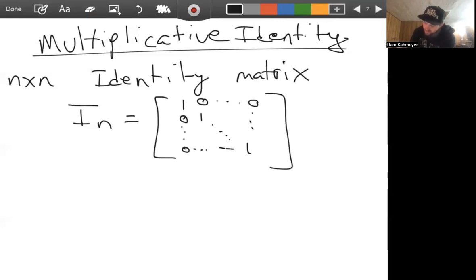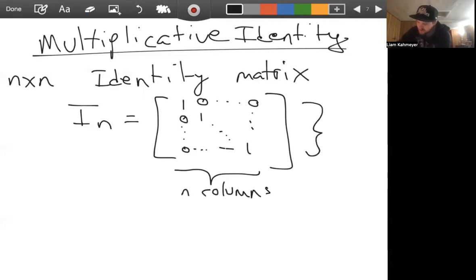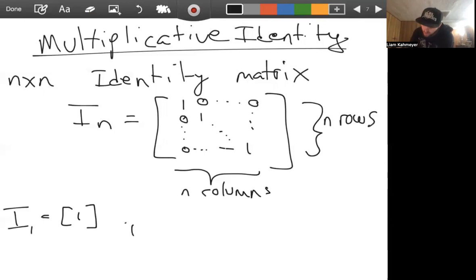So something like this, where this is n columns and n rows. Okay, and so for example here, what's a 1 by 1 identity matrix? Well, that's just 1, right? Because it's ones along the diagonal, zeros everywhere else.